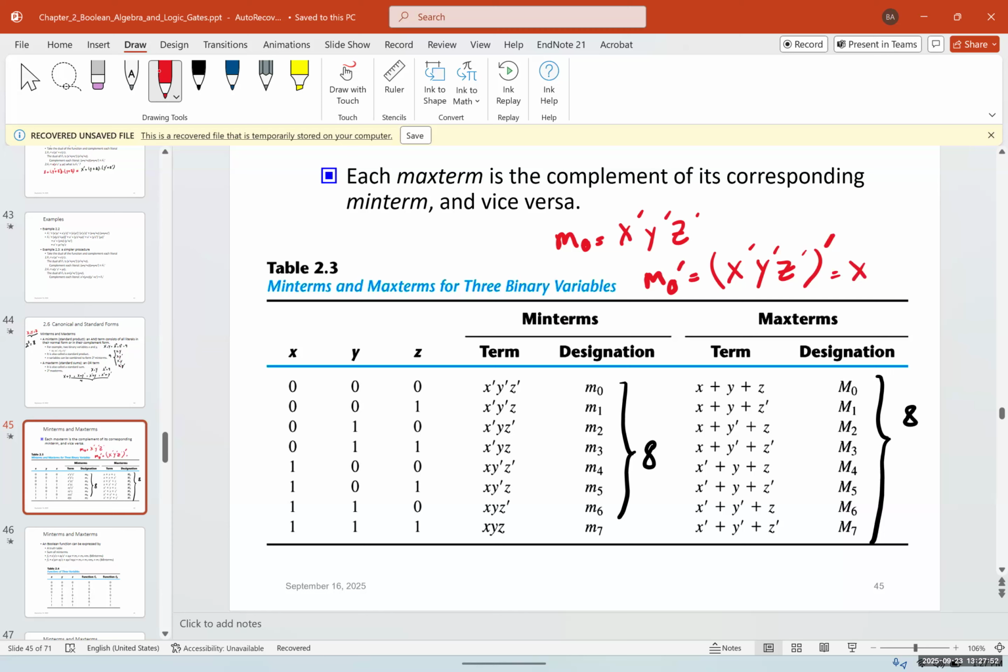Using the duality, it's going to be x prime plus y prime plus z prime. And then complementing it, it's going to be x plus y plus z. So we can see that m0 and M0 are the complement of each other. So m0 prime is equal to M0. Or M0 prime, in the same way, from duality, is going to be equal to m0. So the minterms and max terms are the complement of each other.